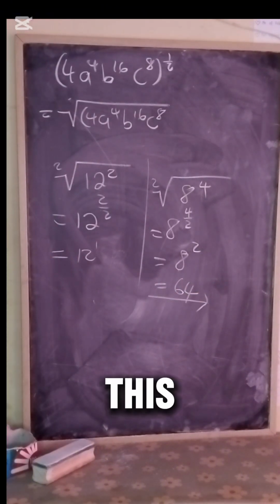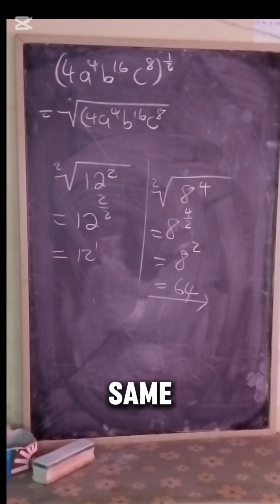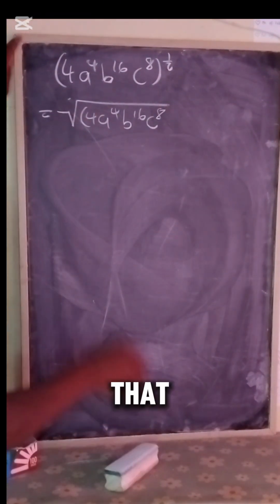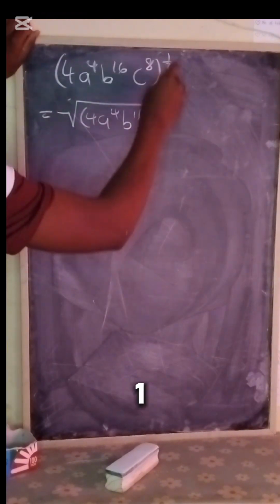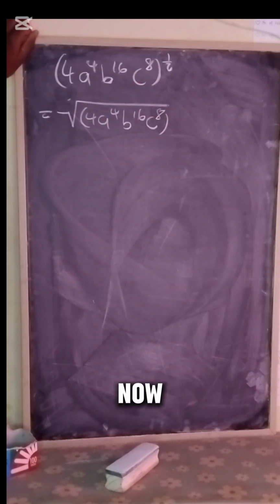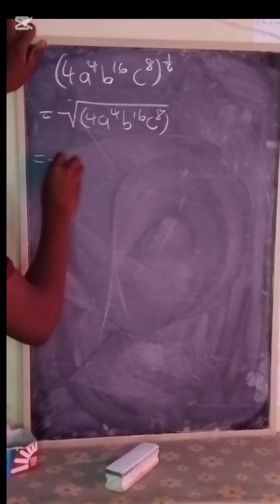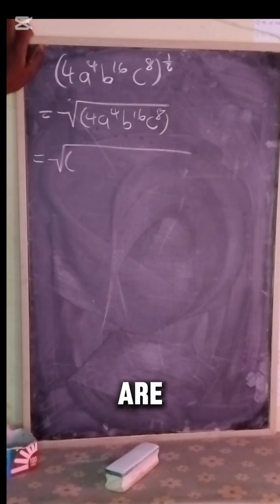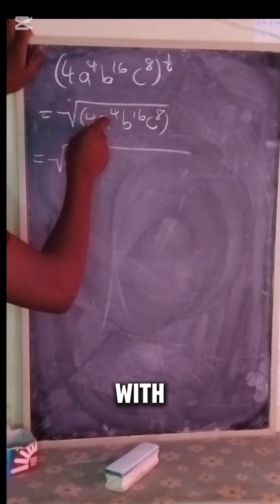So this applies the same to here. Why are we saying that? We are saying this because 1 over 2 made the square root. Now, you know that these variables are separated by multiplication with its coefficient.